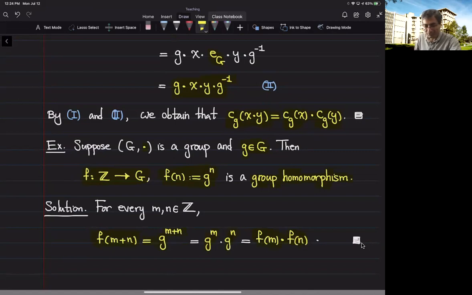And we had shown that g to the m times g to the n is equal to g to the power m plus n. If you remember, we looked at many different cases depending on positivity or negativity of m and n to show that g to the power m plus n is equal to g to the m times g to the n, from which we immediately deduce that the function f, which sends n to g to the n, is a group homomorphism.